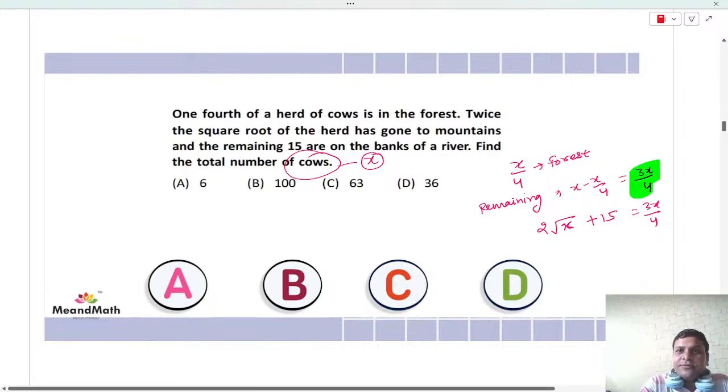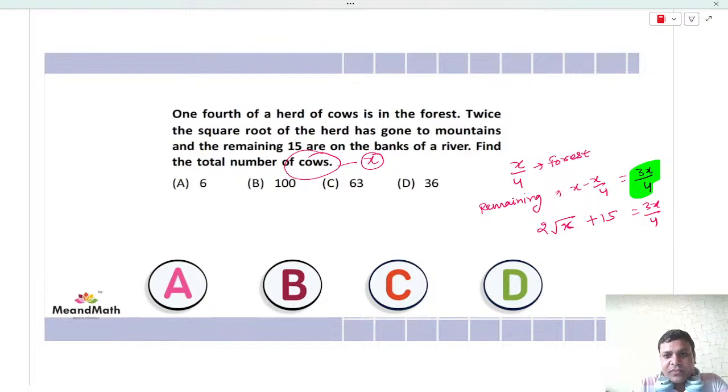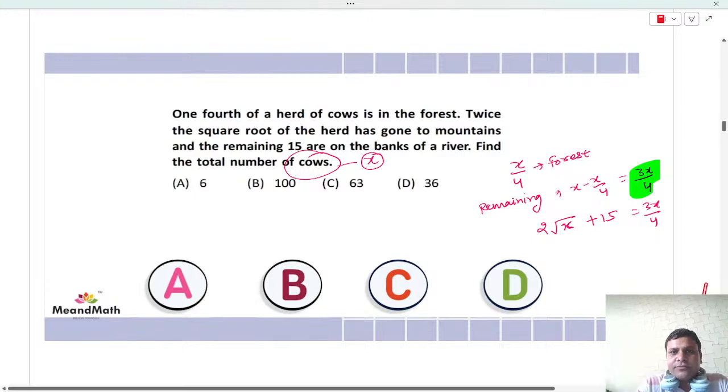Out of 3 by 4, twice root x have gone to the mountains, and these are remaining. So both should be equal to 3x by 4. After simplification you can find the answer. So 2 root x plus 15 is equal to 3x by 4.